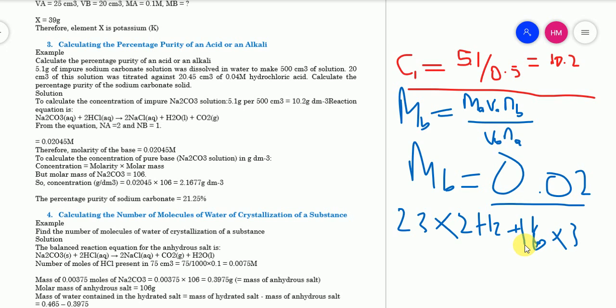Tunaenda kwenye 23 mara 2, then tuna plus 12, tuna plus 16 mara 3. Tutakuja kupata jibu lake ni 112.